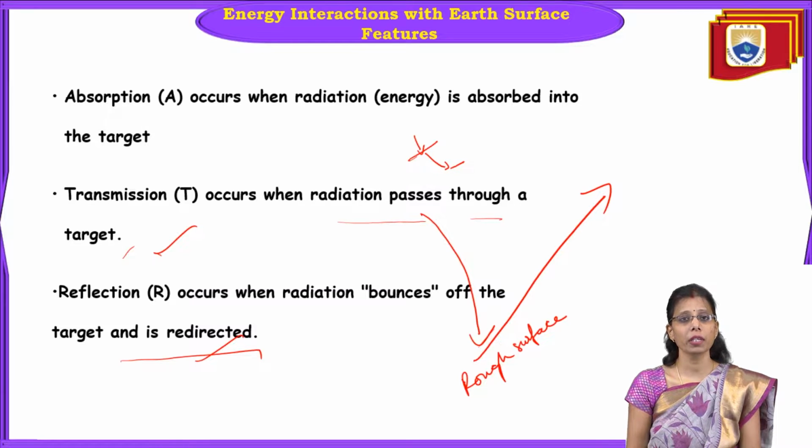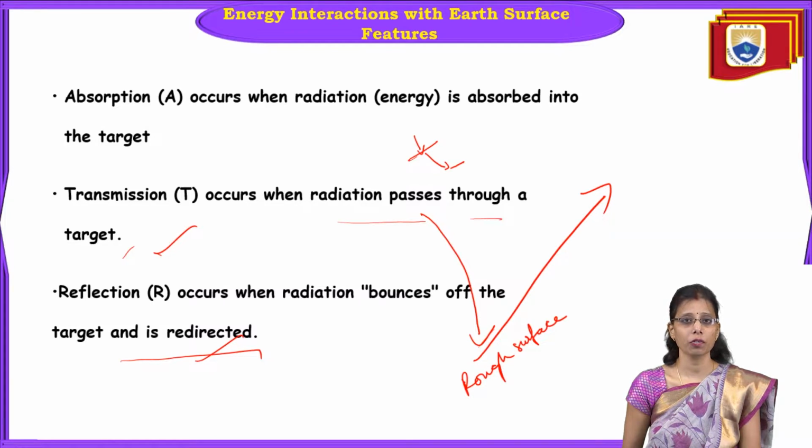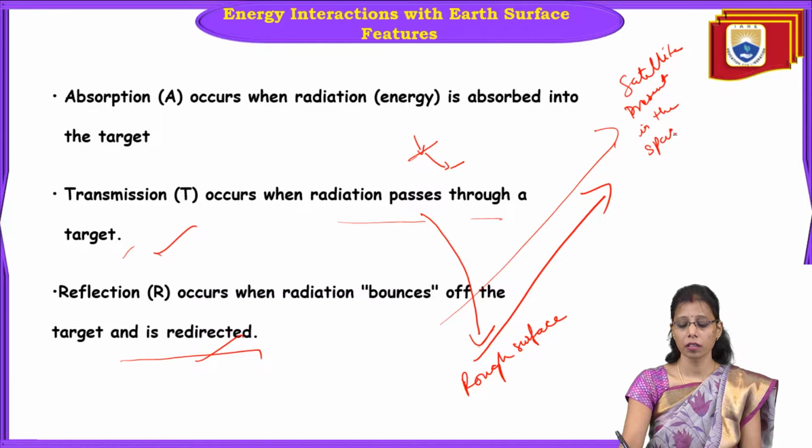The absorption will take place when the texture is smooth. Rough texture will just reflect back to the atmosphere. When it reflects back to the atmosphere, the satellite present in space has a sensor.